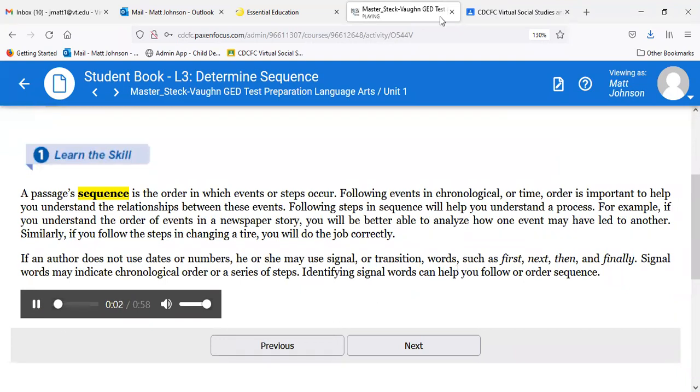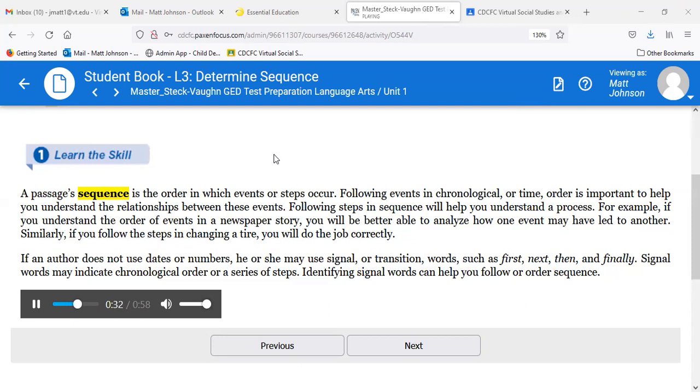A passage's sequence is the order in which events or steps occur. Following events in chronological or time order is important to help you understand the relationships between these events. Following steps in sequence will help you understand a process. For example, if you understand the order of events in a newspaper story, you will be better able to analyze how one event may have led to another.